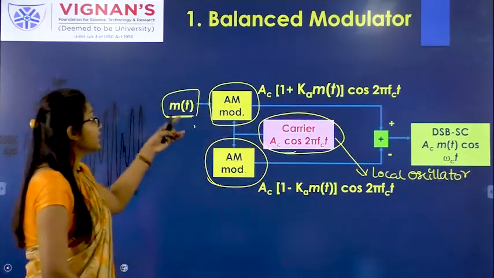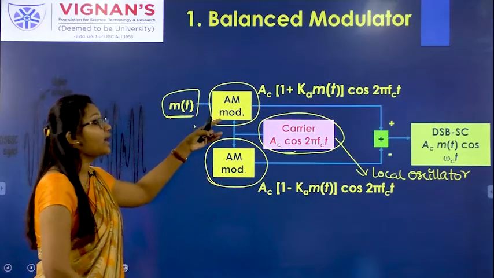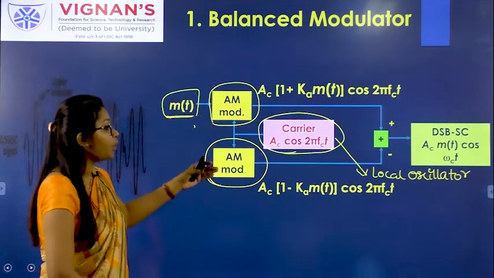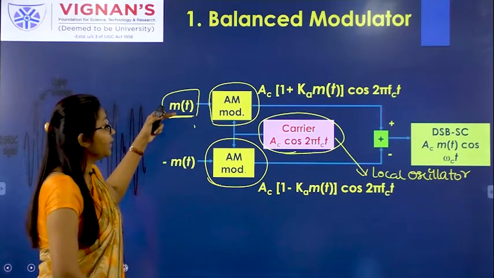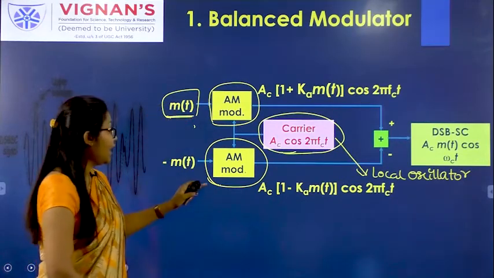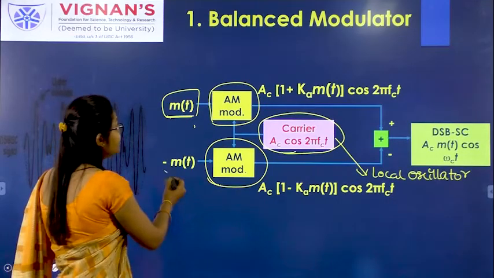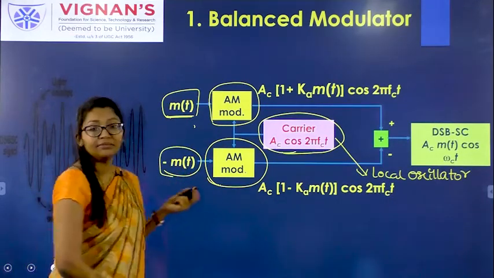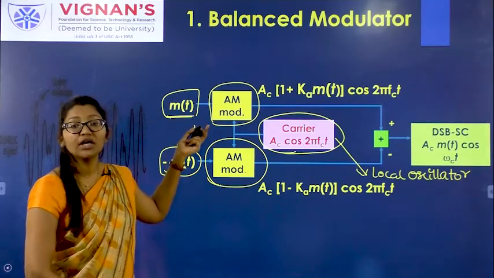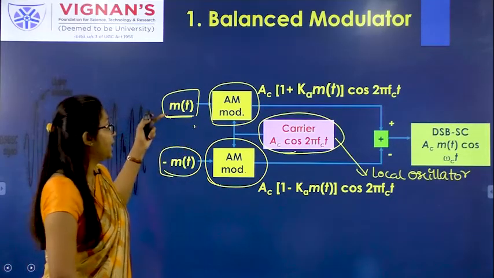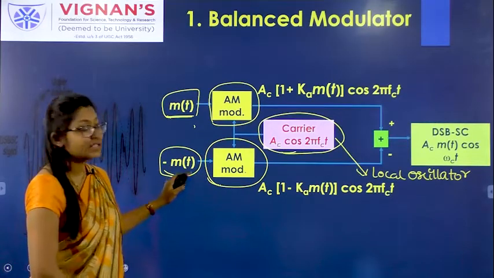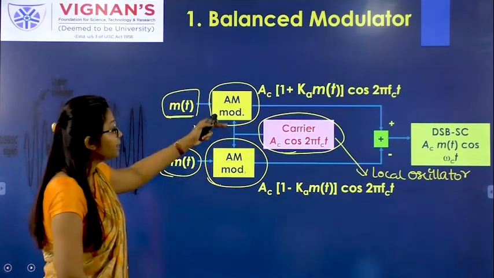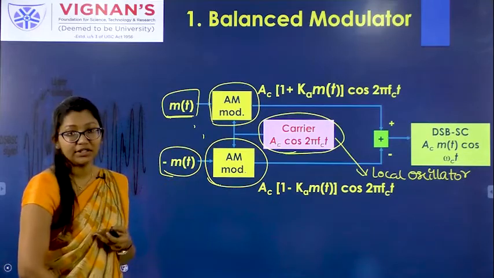So the carrier signal and the message signal both we are applying to the AM modulators. Two AM modulators I am taking here. To one amplitude modulator I am giving plus m of t, the message signal, and to the second AM modulator I am giving minus m of t, and the carrier we are applying for both amplitude modulators.